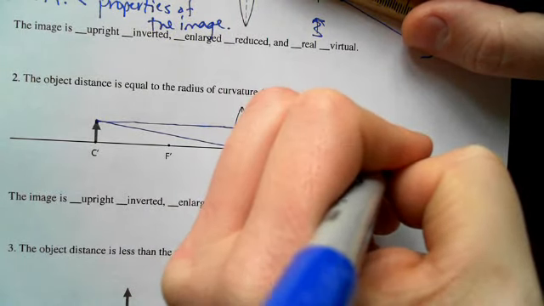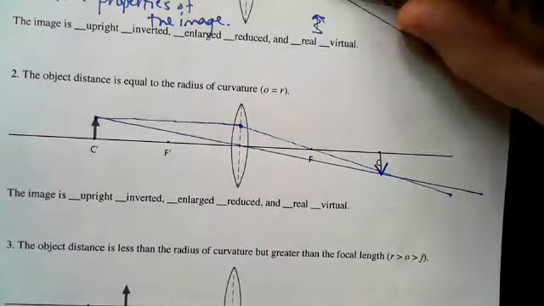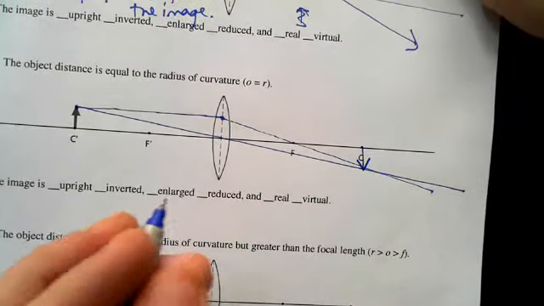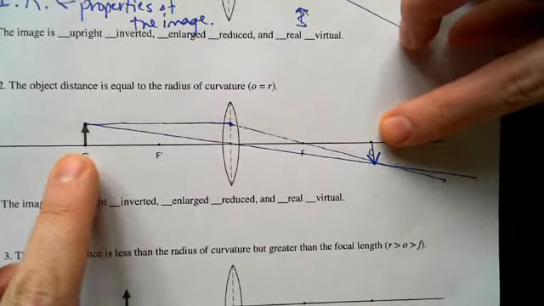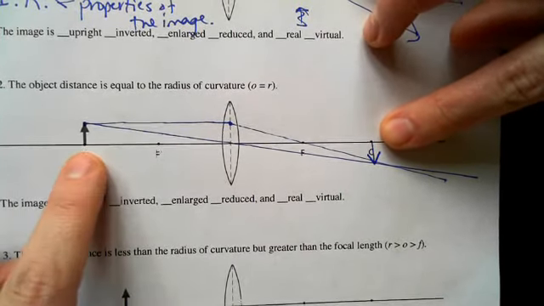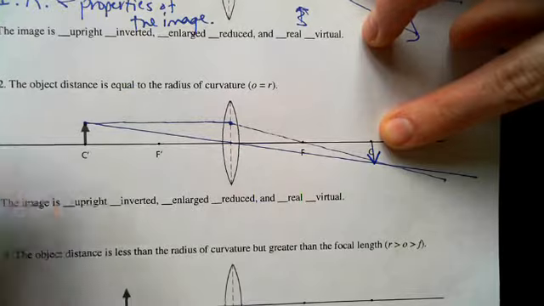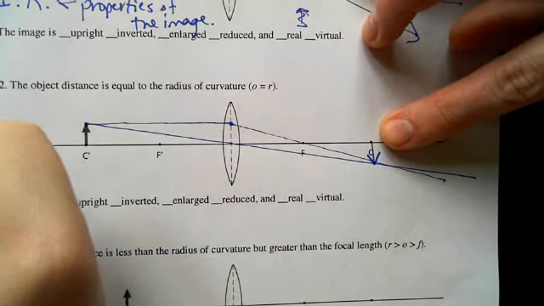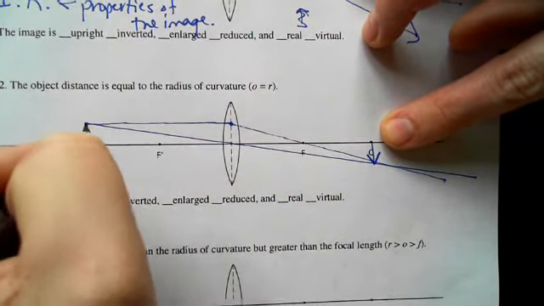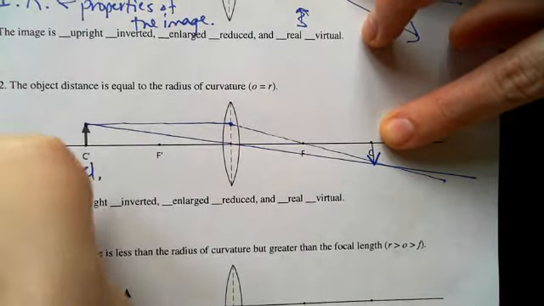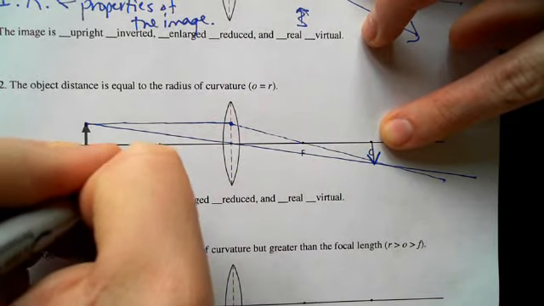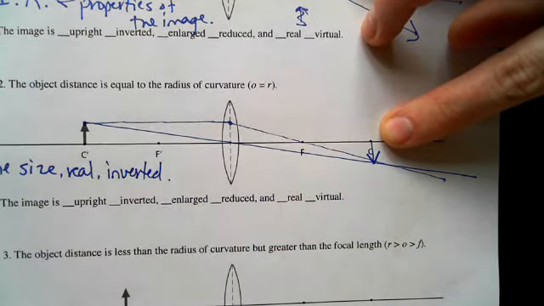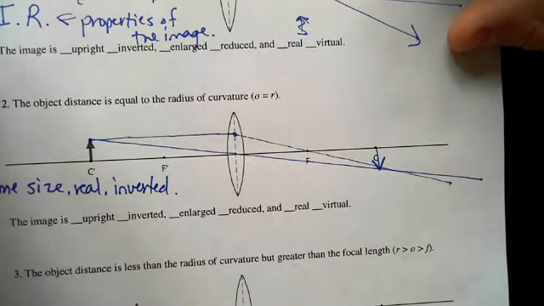And this is supposed to hit here. I didn't draw my line very straight. As you can see, these are the same size. So anytime you have an object at this position, the image is going to be the same size, real, and that was my dog, and inverted.